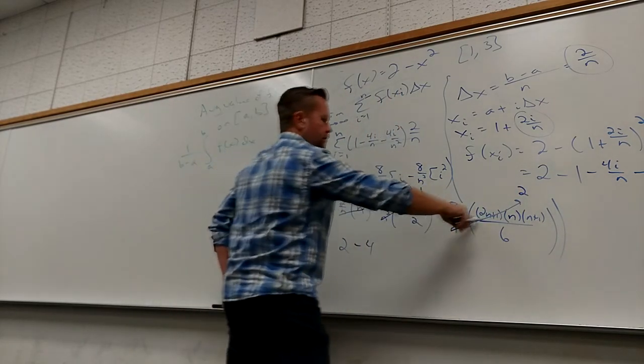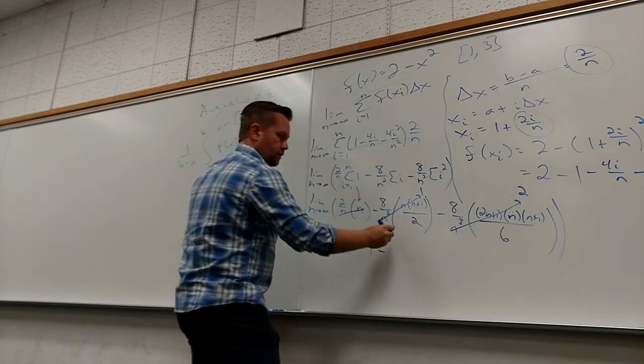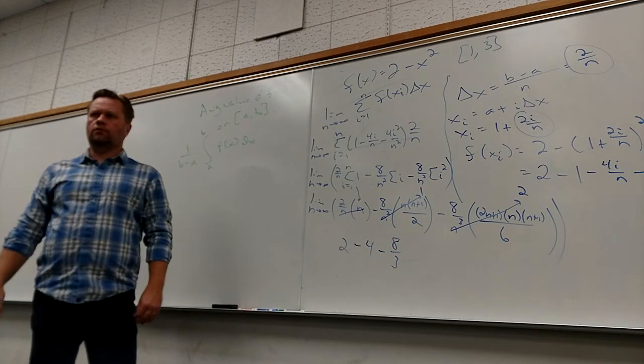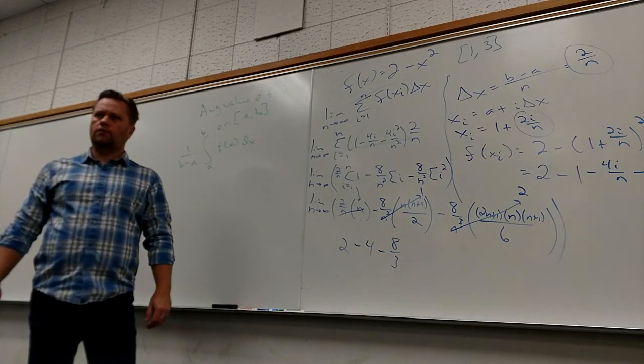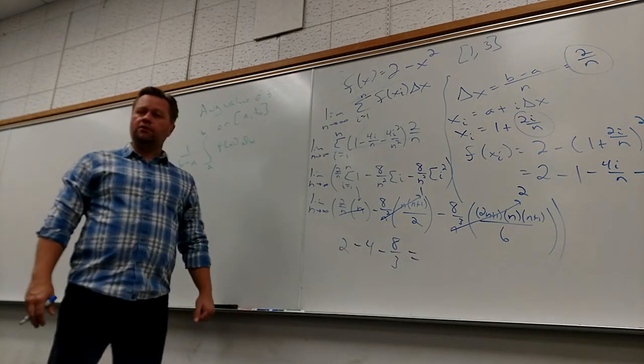So what do you get here? You get 16 over 6, which is 8 over 3. So then you get whatever that is. Negative 14 thirds?